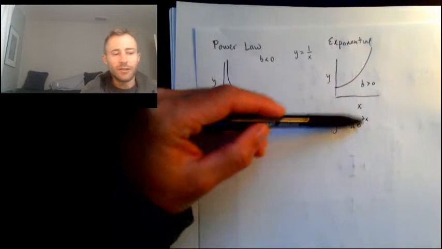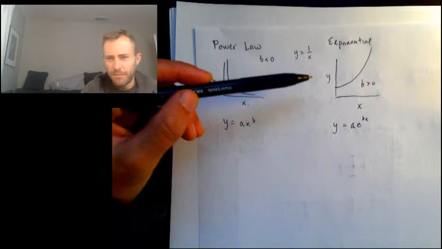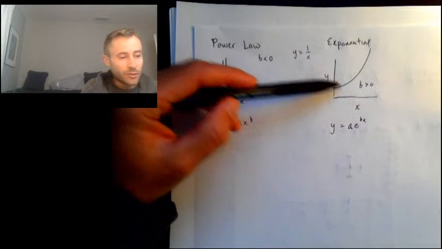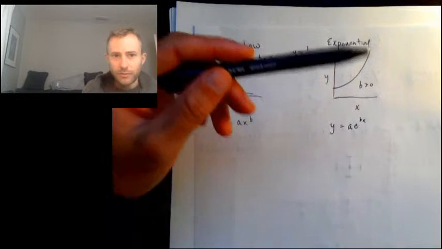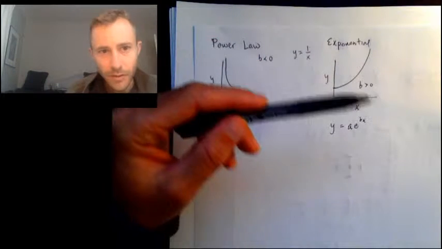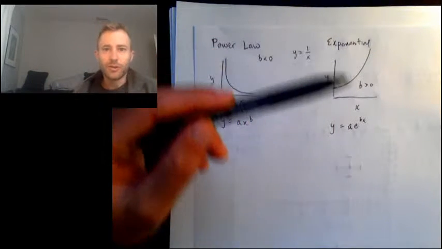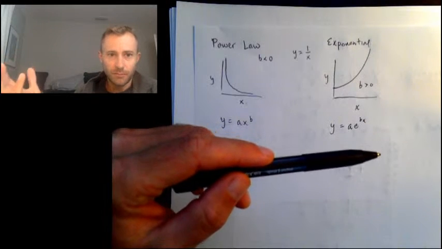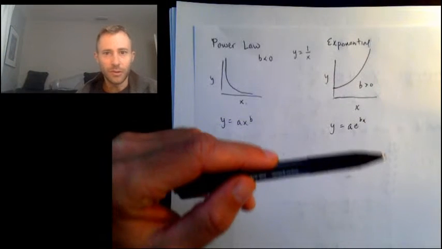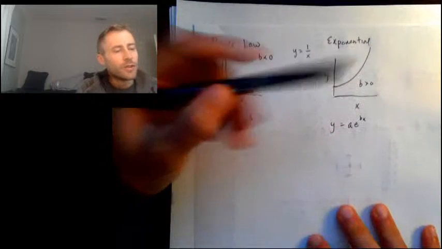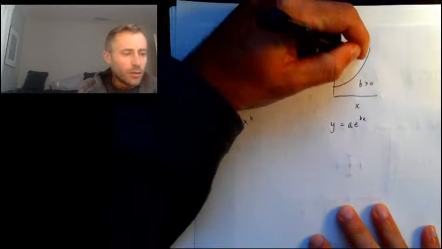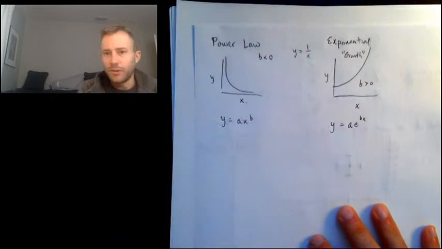Exponential growth does not start at the origin, because anything to the 0 power is 1. The other difference is that exponential growth always increases faster than a power law. So exponential growth overtakes a power law eventually. It might not at first, but it always does eventually. So this is exponential growth, which has b greater than 0.